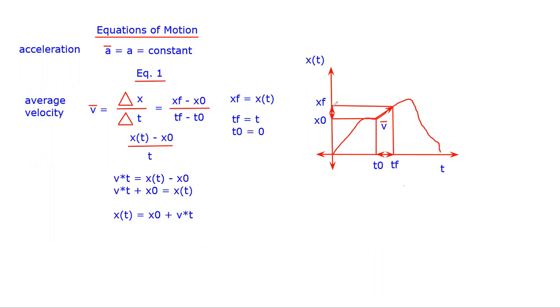So the difference between those two, xf minus x0, is going to be delta x, and that's what I have on the top of the equation here. Then on the bottom, I have the final time, tf, minus the initial time, t0, and so that's delta x over delta t.